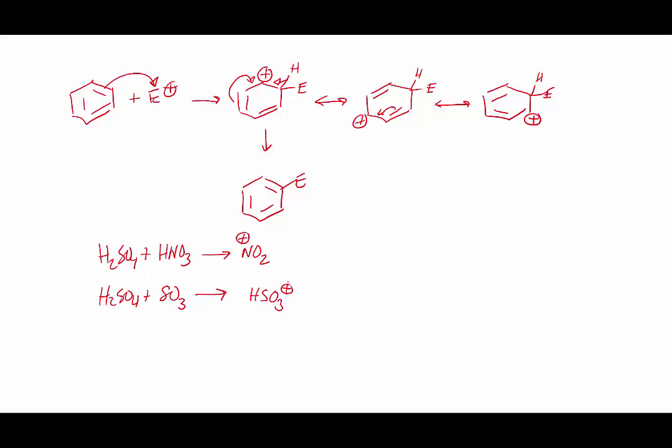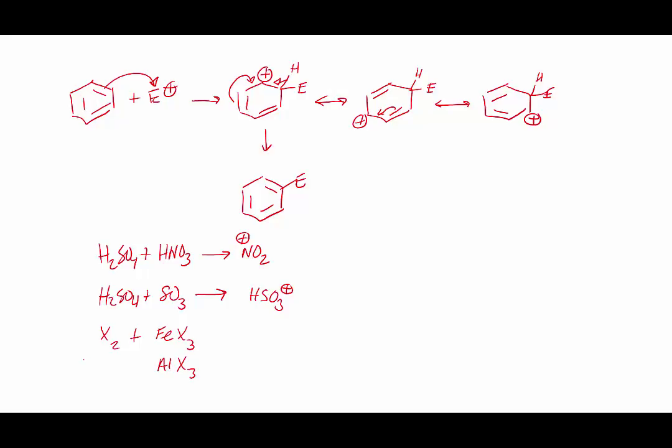I'm going to do a halogen. Take my halogen and react it with either aluminum or iron, the aluminum or iron 3 salt of that molecule.